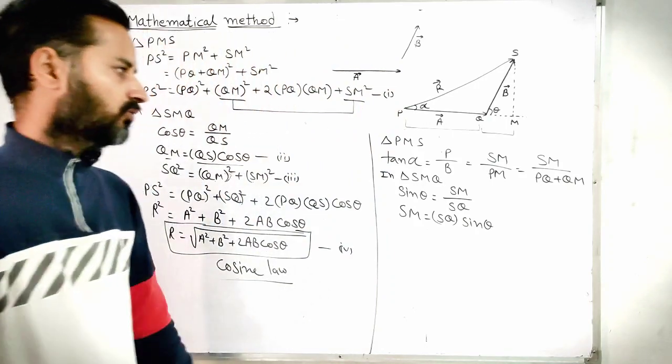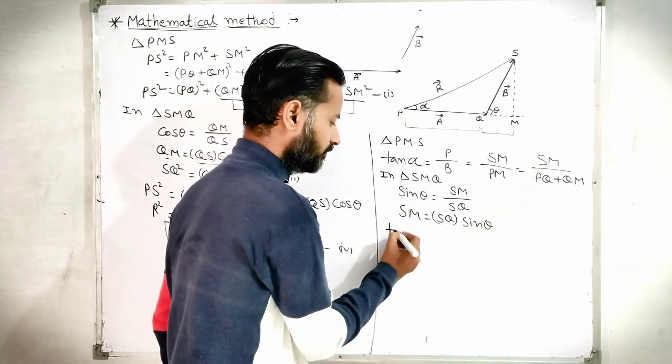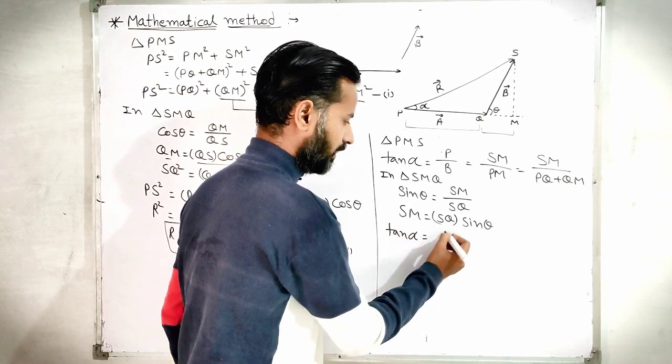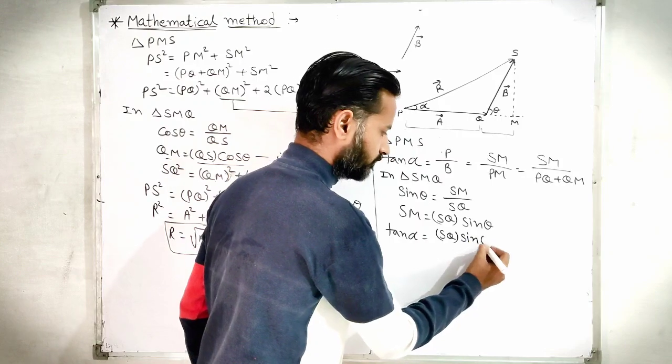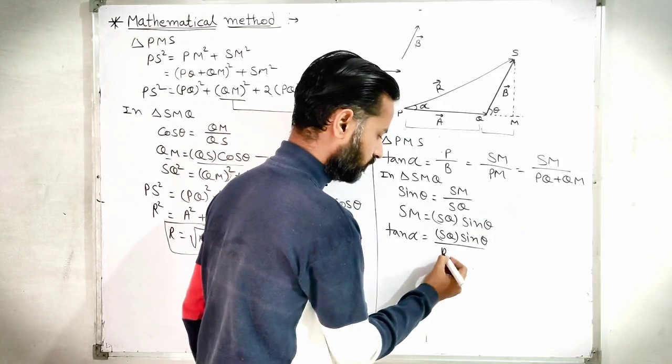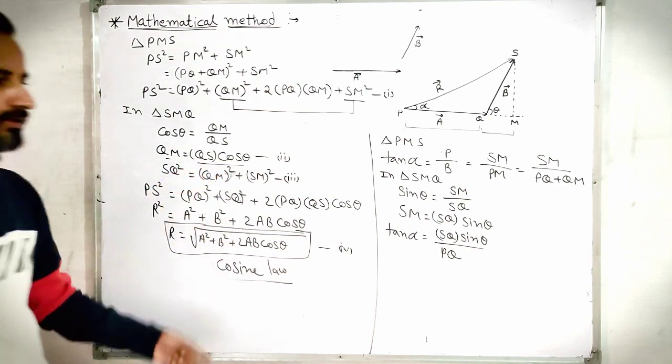Now use the value in this equation. For tan alpha, SM will be equal to SQ sin theta divided by PQ, and this QM is equal to QS cos theta.